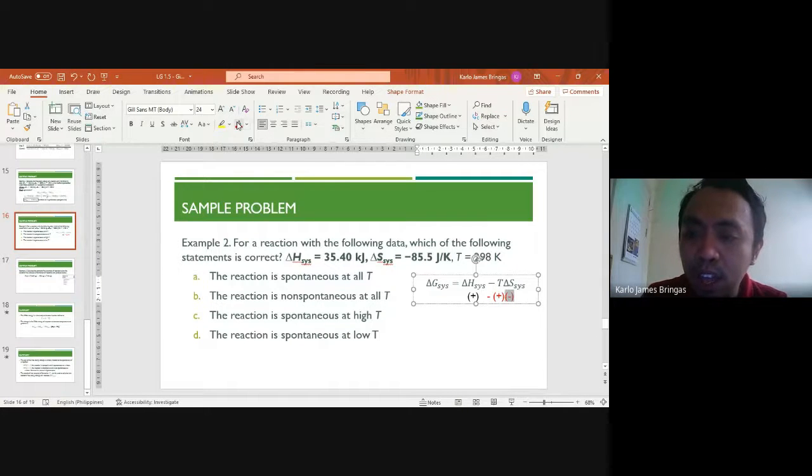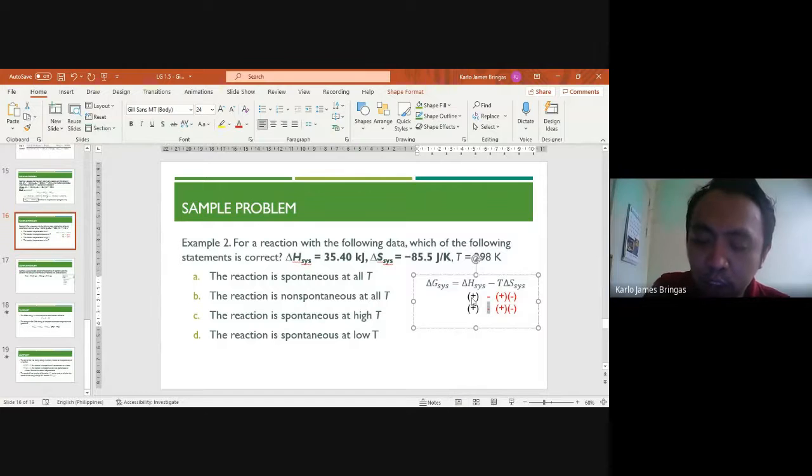So this negative delta S times the negative over here, multiplied together, gives us now the following. So copy ko na lang para mas mabilis. Multiplying the two negative terms together, I now get a positive sign.